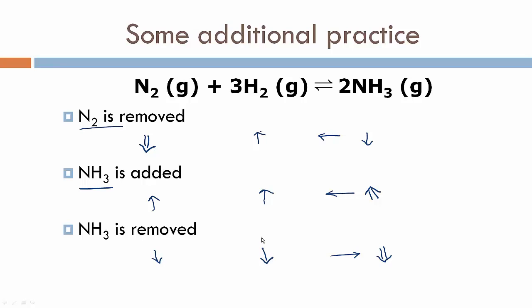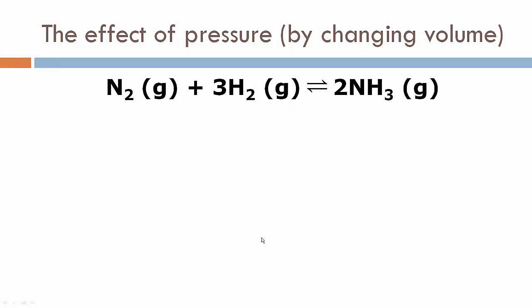Okay, there's a type of problem is what happens when you change the volume and all the partial pressures of all the gases change simultaneously and in proportion to each other. Just to give you an illustration though, it's not just pressure of one thing, it's pressure of everything.